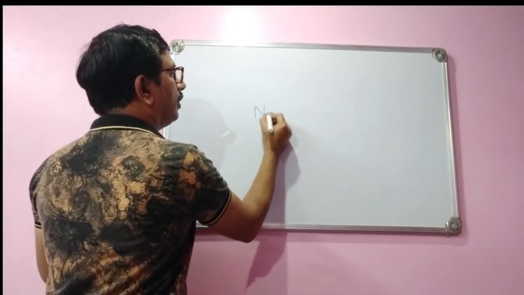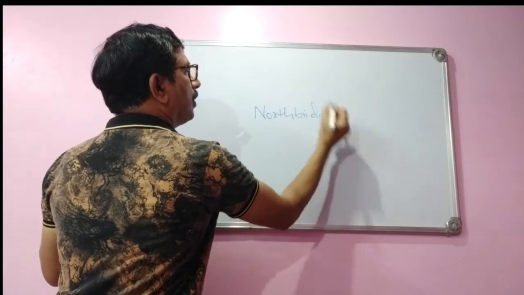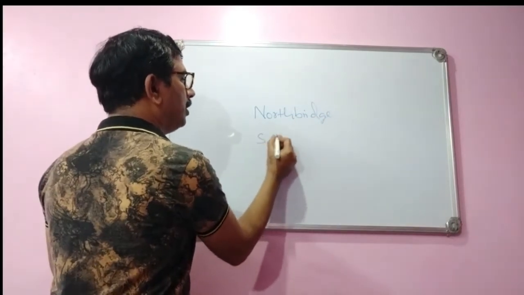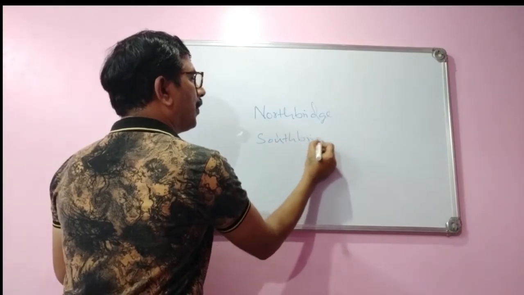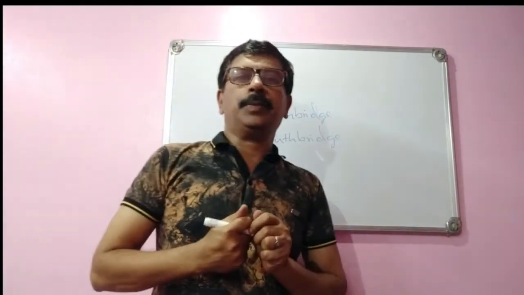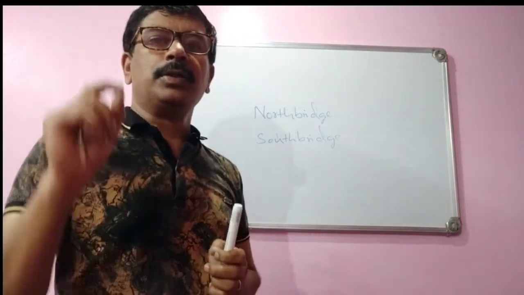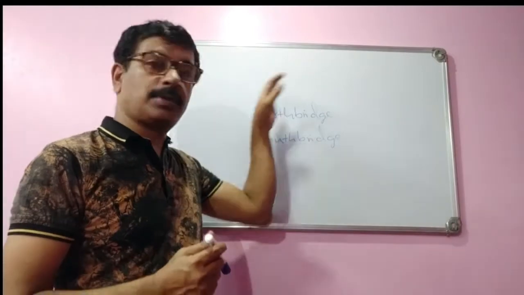One is called the North Bridge chip, and another one is called the South Bridge chip. What is the use of these chips?